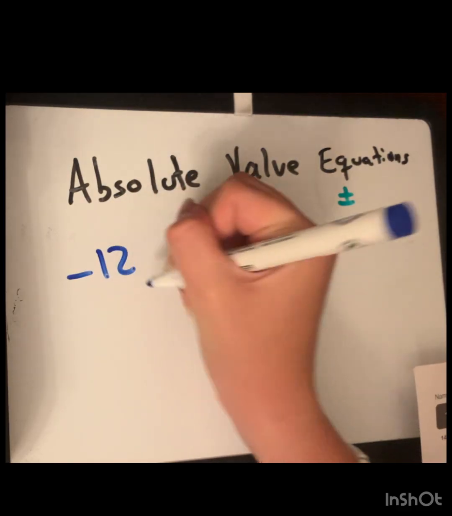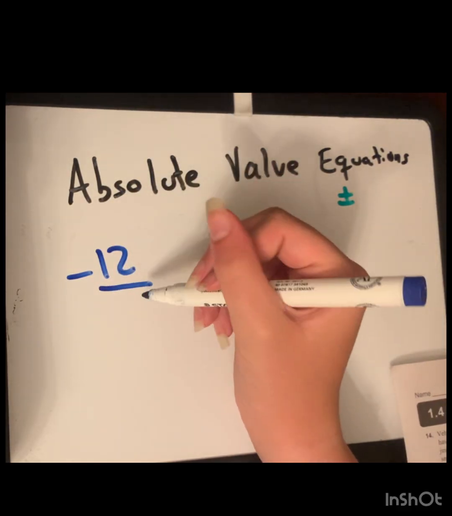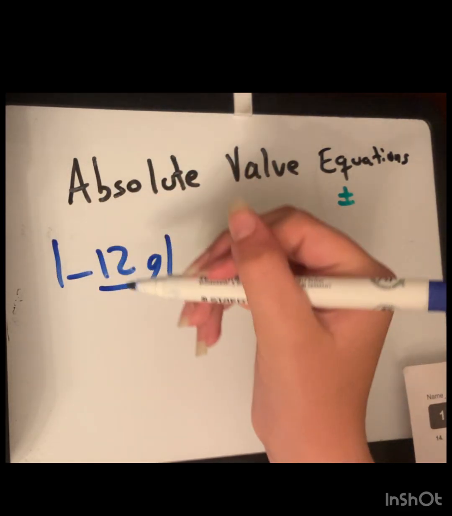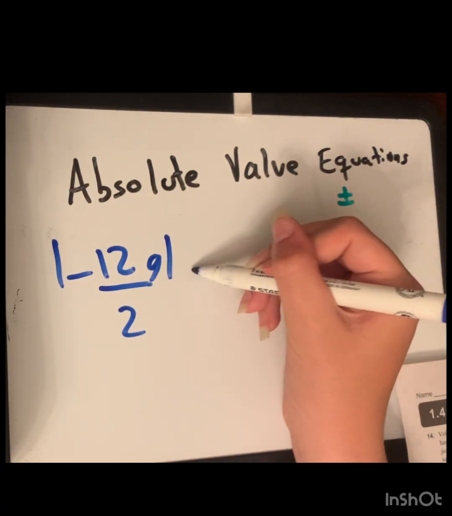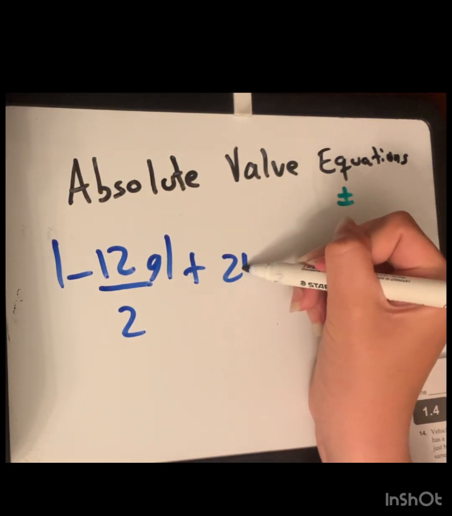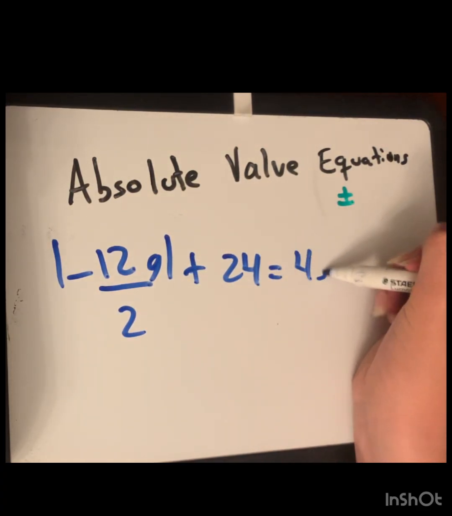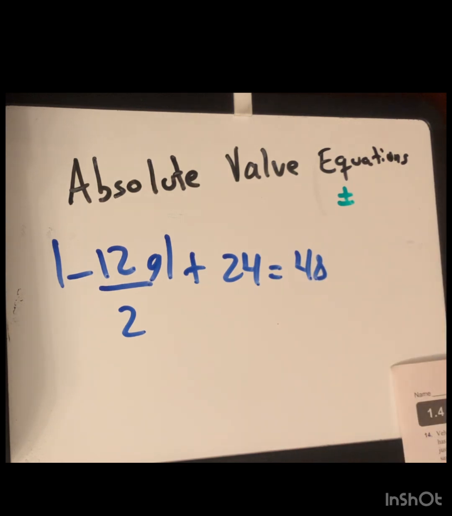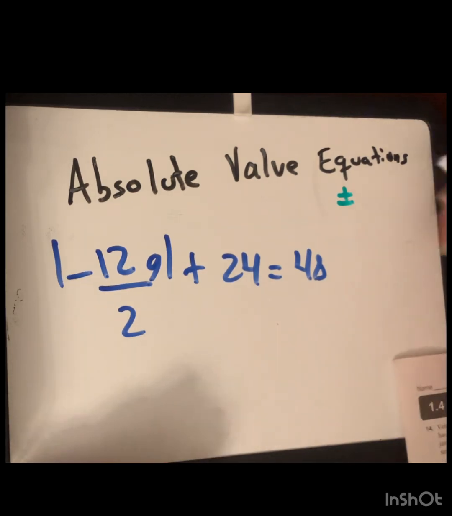Negative 12 times the absolute value of g plus 24 equals 48. So what do you do first? I would suggest knowing PEMDAS. If you guys don't know what PEMDAS is, it's parentheses, exponents, multiplication, division.